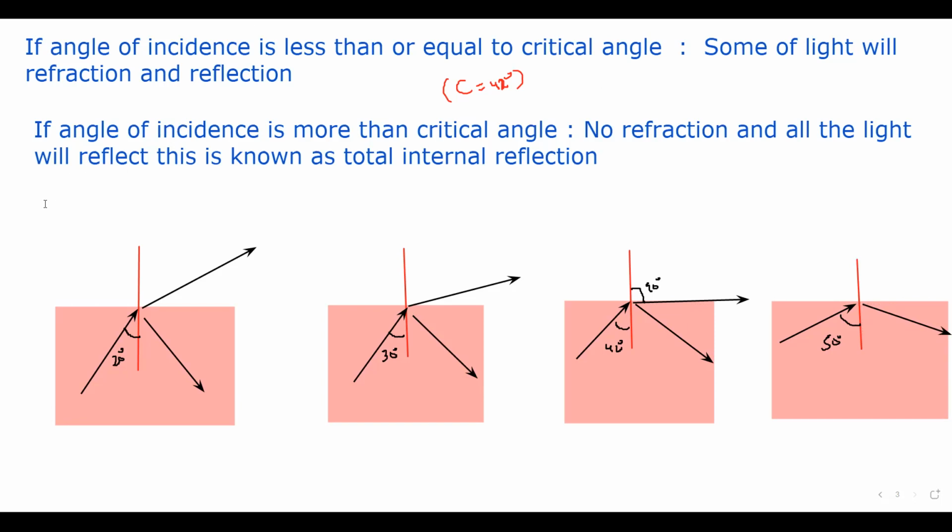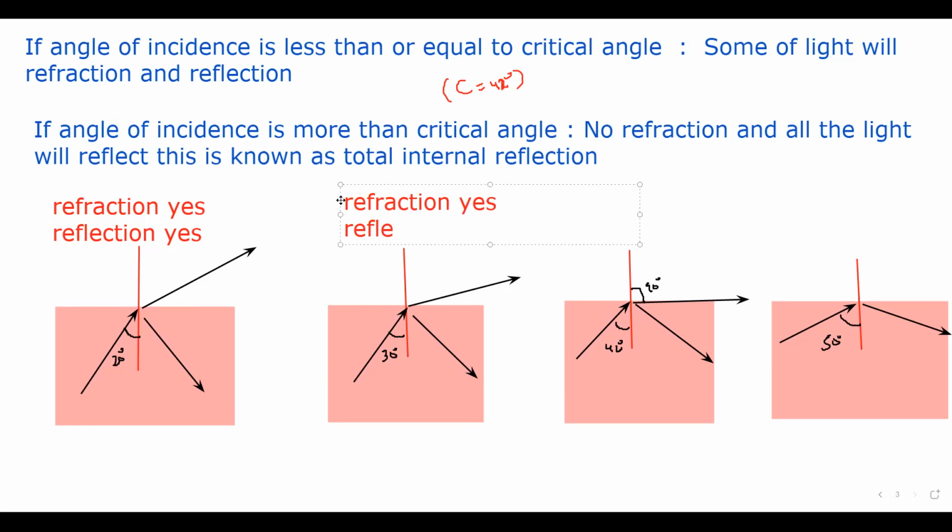So in the first one, is there a reflection? When we check refraction and reflection, in the first case, refraction yes, and reflection also yes, because the angle of incidence is less than critical. The second case, there was a refraction, yes. There was a reflection, yes.